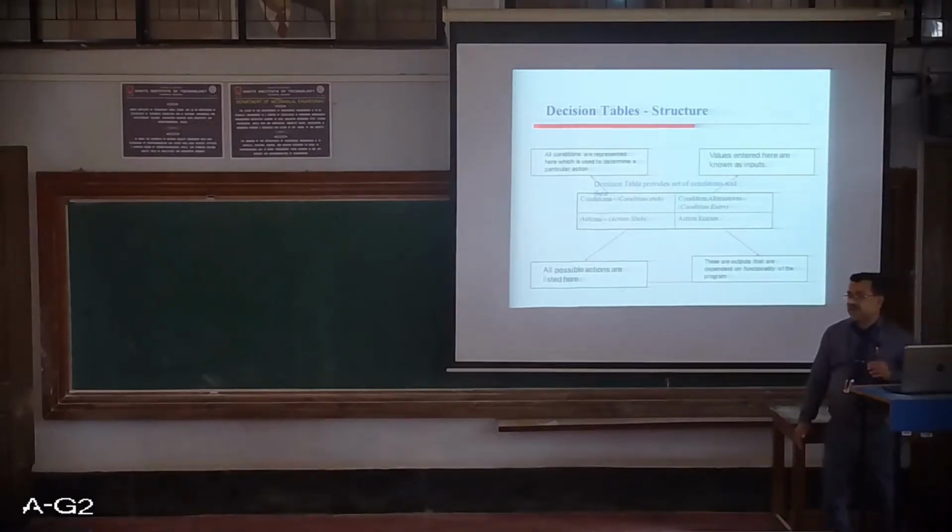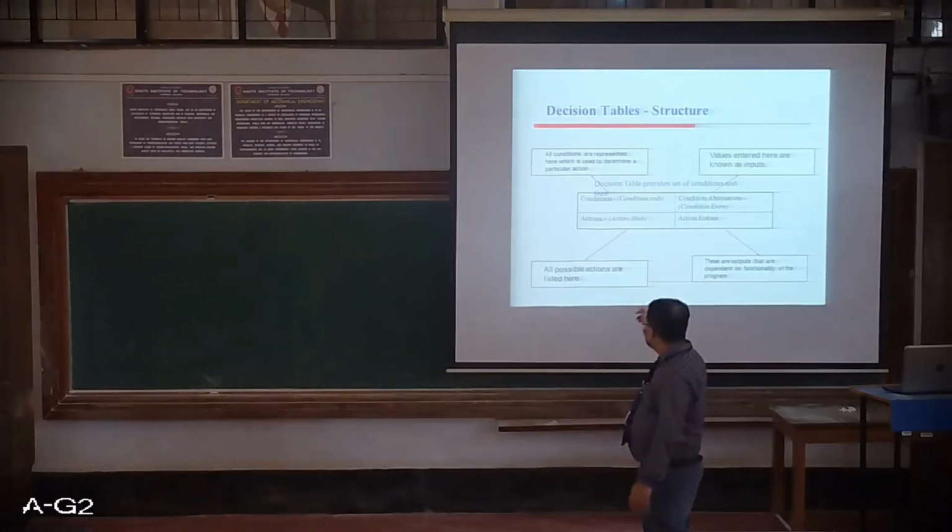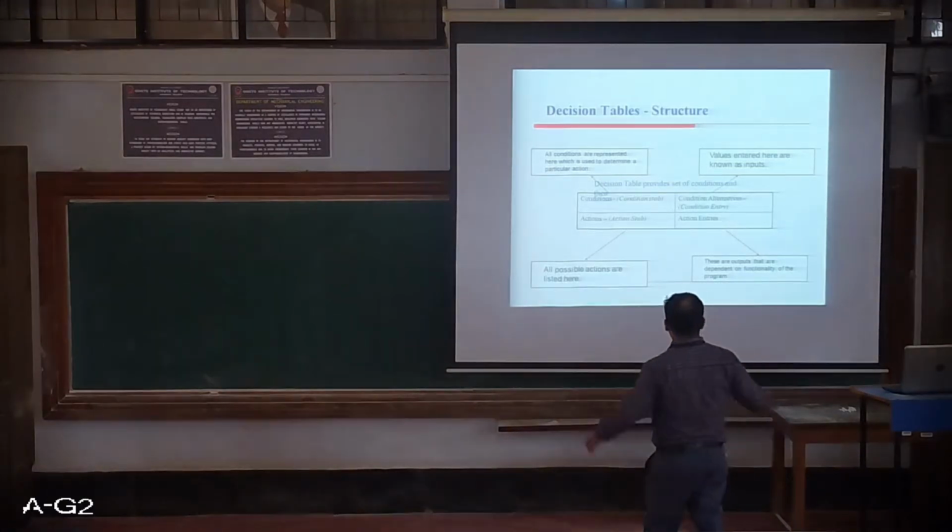In general, the broad architecture of a decision table looks like this. There are 4 parts in the table.